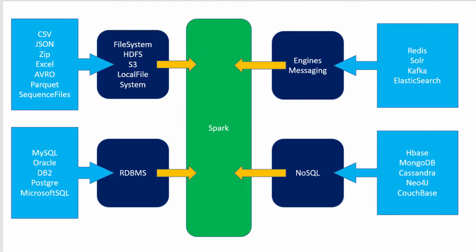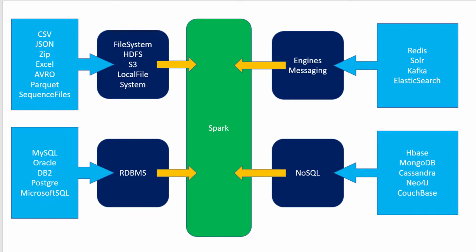So most of the time, it is going to use a file system, RDBMS, NoSQL, or messaging system as a data source, read the data, partition it, divide it, distribute it across multiple systems, do the processing using either Spark-SQL, MLlib, or GraphX, and extract the required information out of it. The result can be written back into an RDBMS, NoSQL, a file system, or any messaging system.